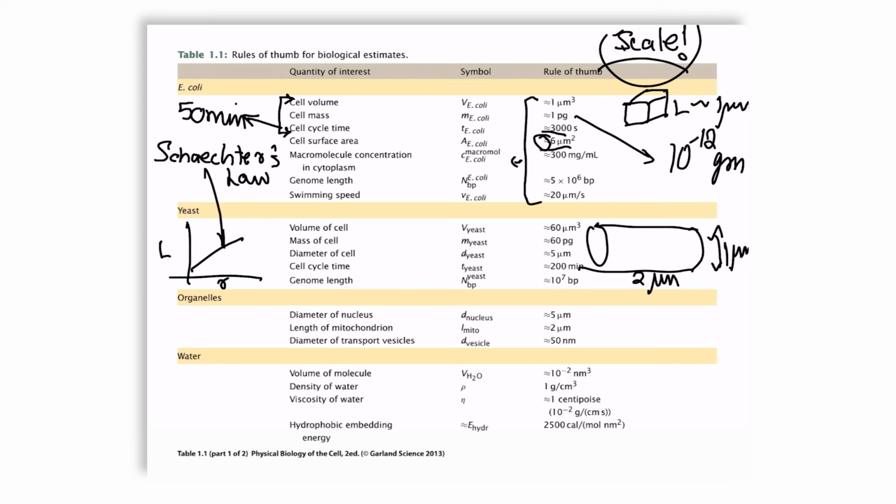Organelles, on the other hand, like the cell nucleus, are of size typically 5 micron diameter, but they may vary. The length of the mitochondrion is about 2 microns. The diameter of transport vesicles is 15 nanometers. So these are nanovesicles, nanoparticles, you could say.